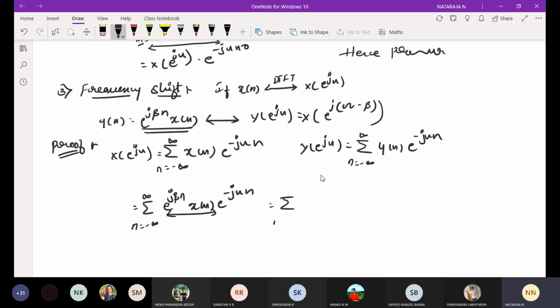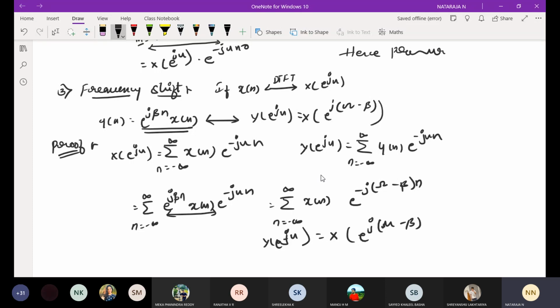Then, I am going to simplify this equation: summation x of n e power, I will take minus j as a common, omega minus beta into n, so that I can write y of e power j omega is equal to x of e power j into omega minus beta.